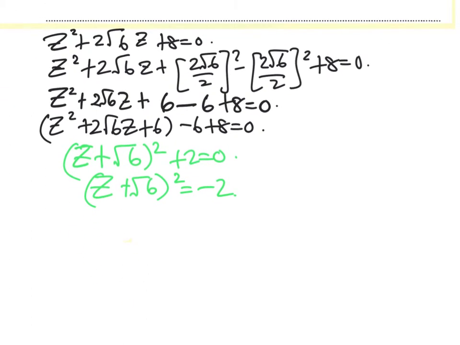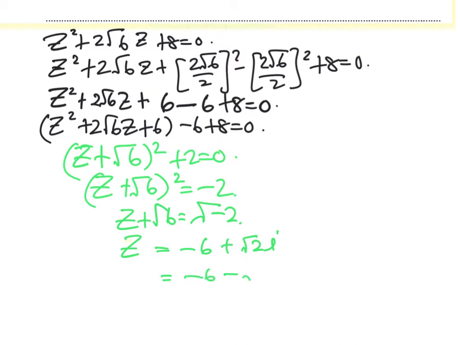So bring this over: z + √6 = square root of −2. So z = −√6 + √2 i, or −√6 − √2 i. Okay, these will be your final answer.